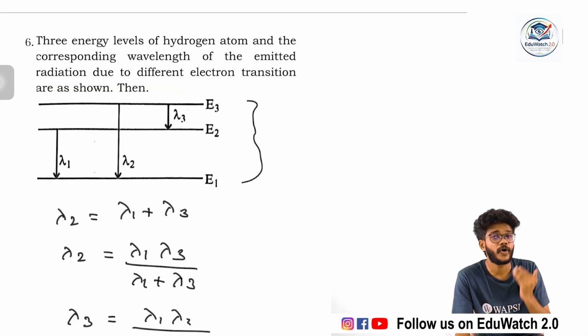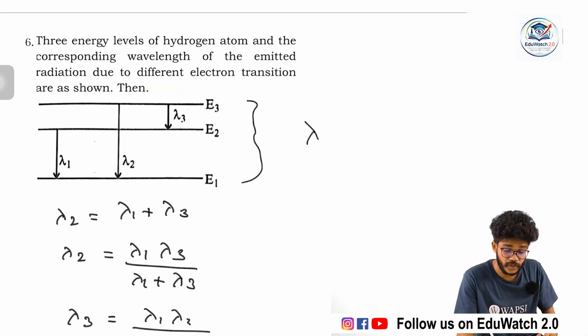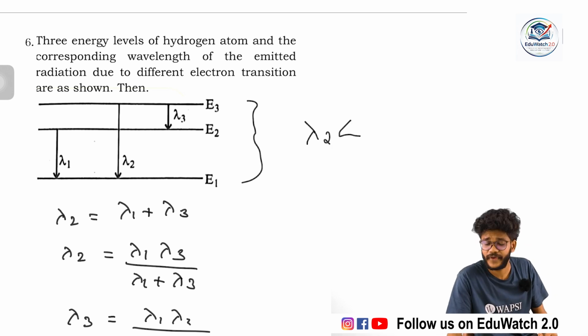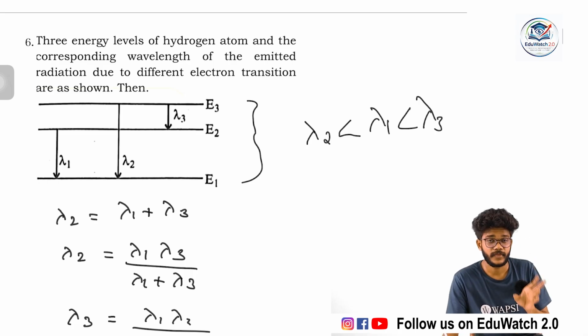That means a lower wavelength. Higher energy means higher frequency and lower wavelength. So lambda 2 will have the least wavelength. Then lambda 1, and lambda 3 is the greatest wavelength.